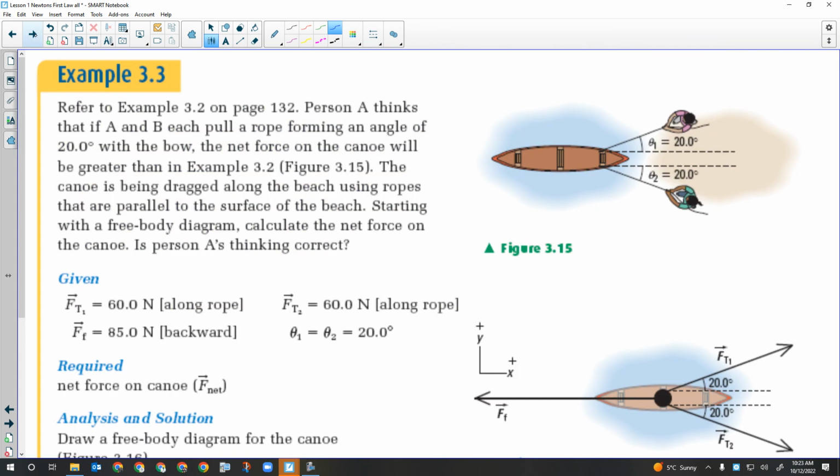All right, what if we had one like this, where we had vectors in it? They've drawn the free body diagram there. One person is pulling 20 degrees this direction, one person's pulling 20 degrees this direction. Obviously the canoe is going to go forwards. But how do I get the vector sum of all forces here?